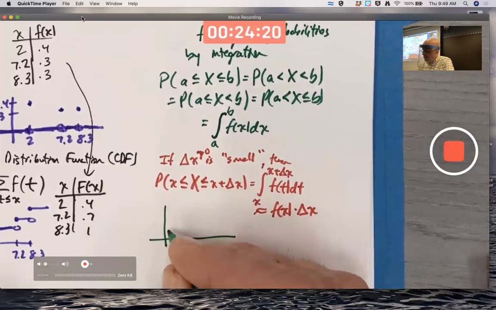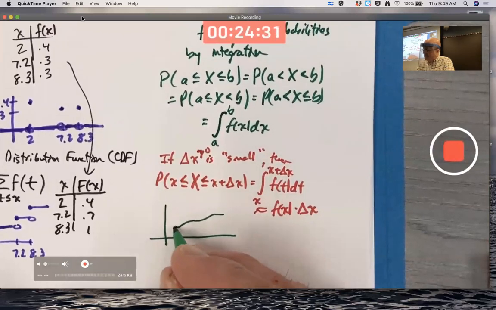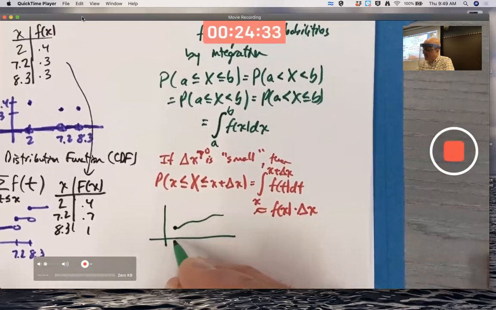A PDF might look like this. And by the way, the PDF doesn't have to be positive for all x. Maybe it's positive between here and here, and then it's 0 elsewhere.